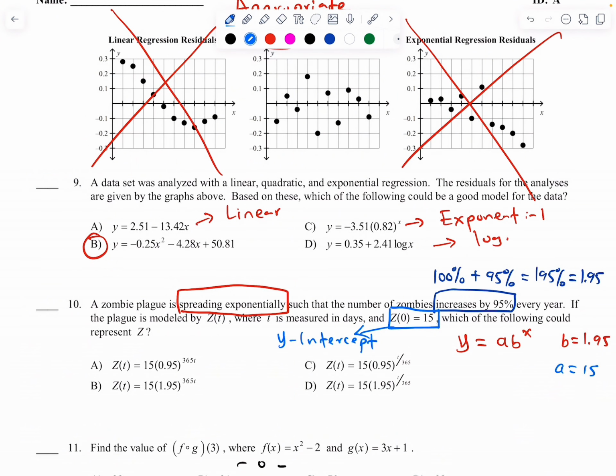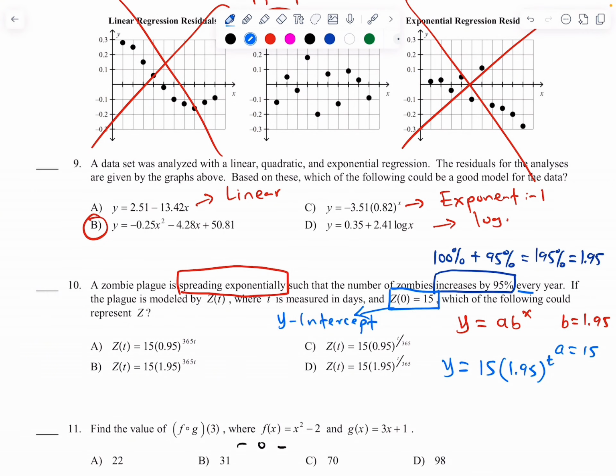If I substitute, I have 15 times 1.95 to the power of, in this case, instead of using x, they use T. The question says every year, but they want it measured in days, and we have 365 days in a year. So I have to take my function and divide T by 365 days, and that would be option D.